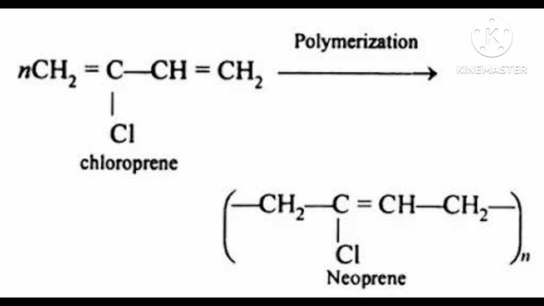This (CH2)6 will join with again NH, and this N will join with CO, C double bond O, and this C is joined with (CH2)4, and finally this (CH2)4 will join with CO, C double O.